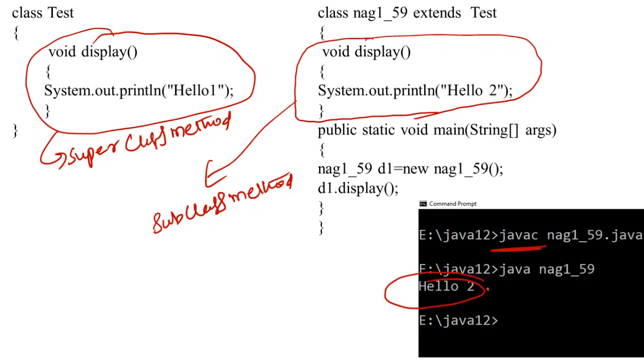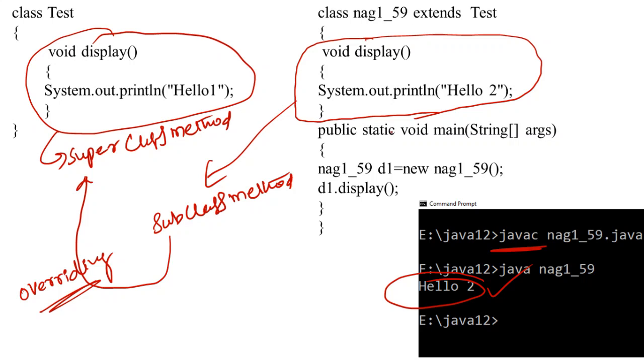Why? Because it is displaying hello 2. Which one is hiding? Your subclass method is hiding. I can say overriding. Hiding in the sense it is overriding. Your subclass method is overriding the superclass method. Therefore you are getting output as hello2.